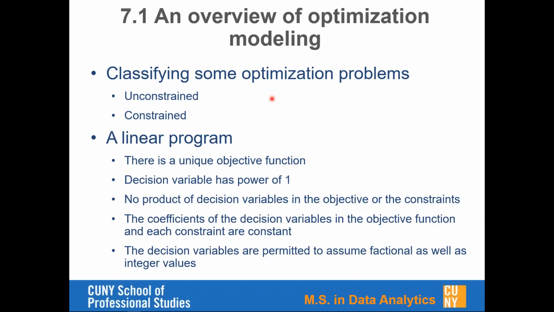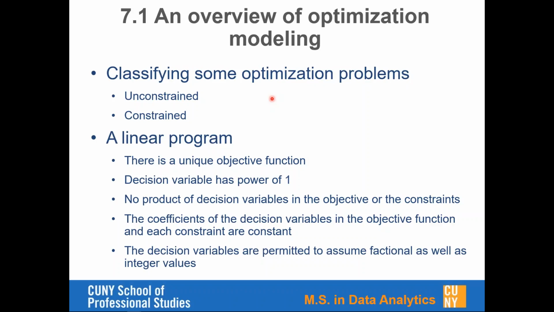Later, in the next chapter or the chapter after, we discuss integer programs, where the only relaxed condition is the last one, saying that the decision variables can only be integer instead of fractional. So if it can be fractional as well as integer, then it's called a linear program.